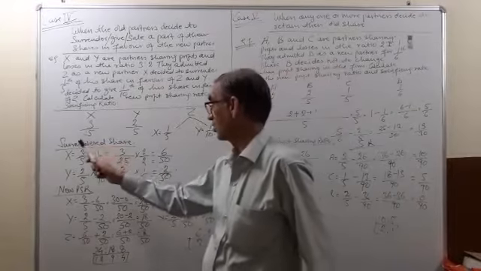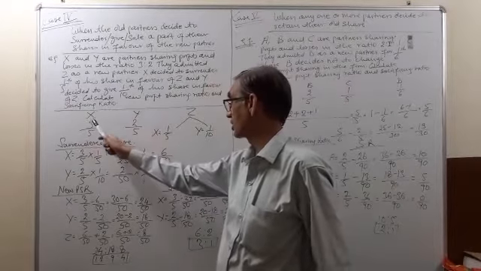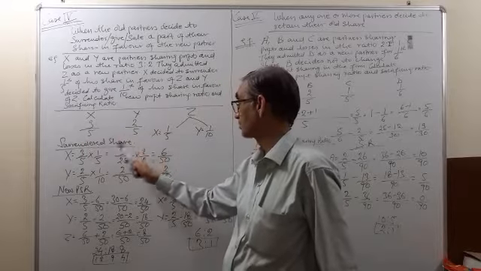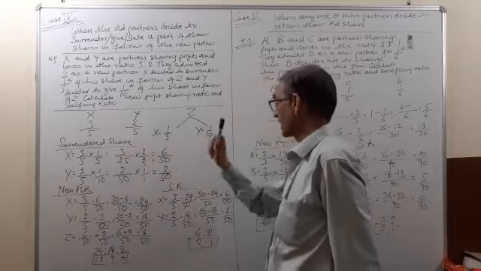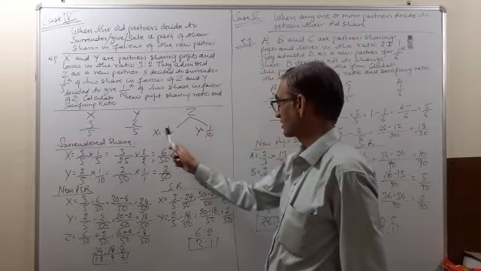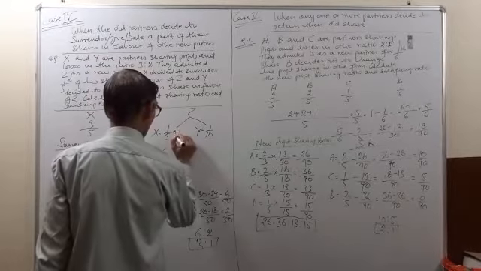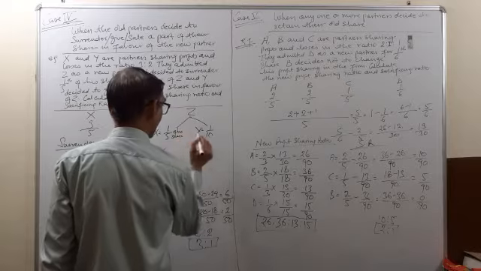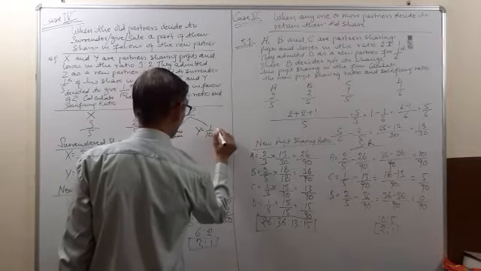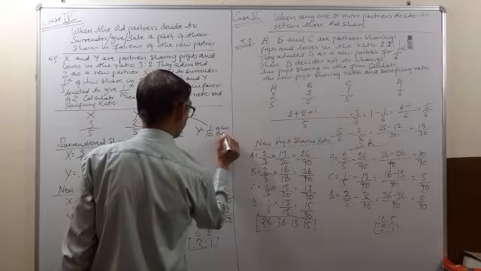So see how X and Y, they were the old partners. Their profit sharing ratio was 3:2, that is 3/5, 2/5. Z has been admitted. X is surrendering 1/5 of his share and Y is surrendering 1/10 of his share.